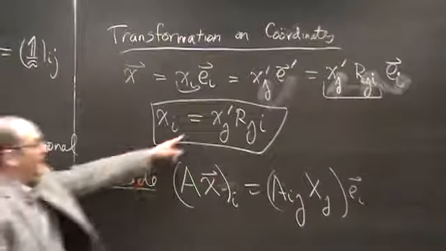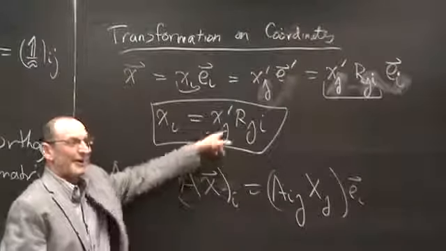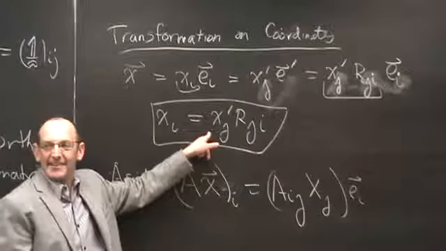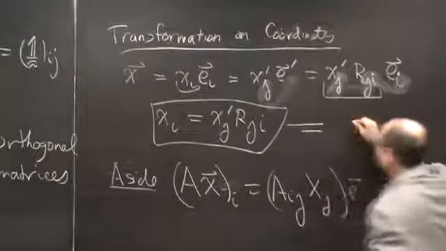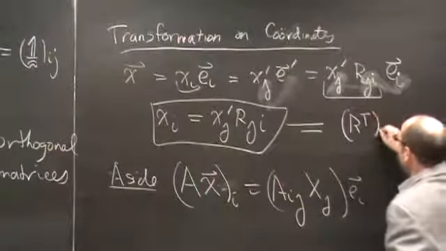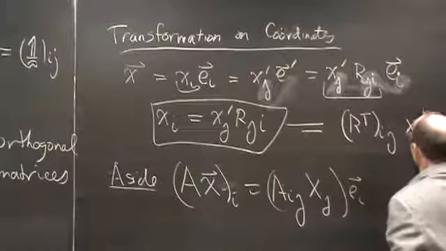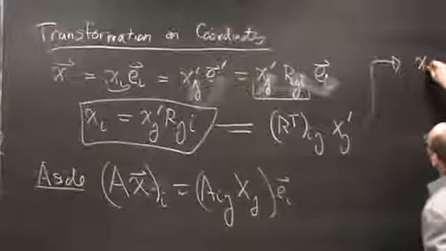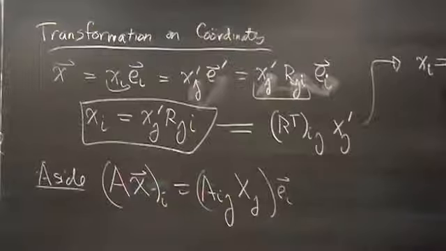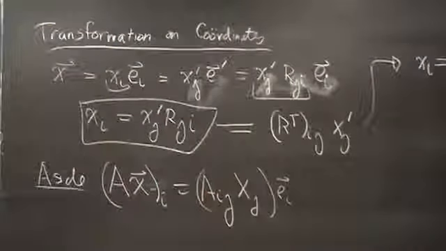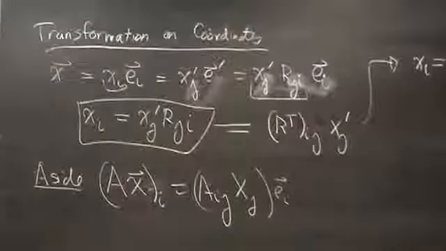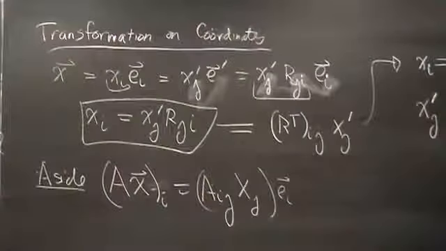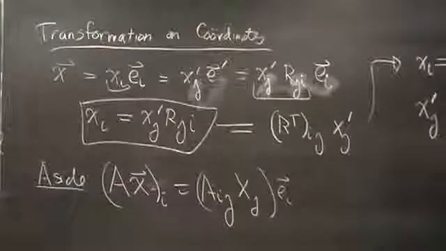Now that's not what I got here, because I'm sort of summing in the wrong direction. So what I want to rewrite this as is R transpose_ij times x_j prime. So we have the old coordinates equal to the transpose of that matrix times the new coordinates. But that's not what we want. What we want is what are the new coordinates in terms of the old coordinates. So I have to take the inverse of this equation.